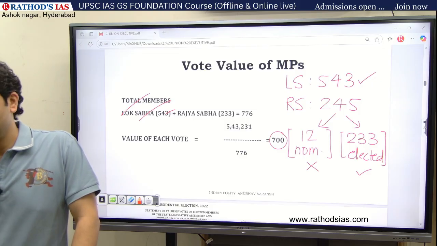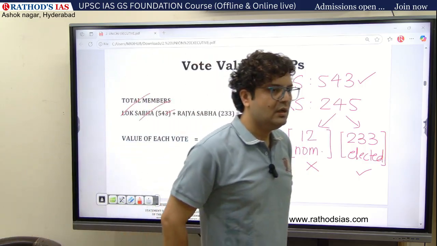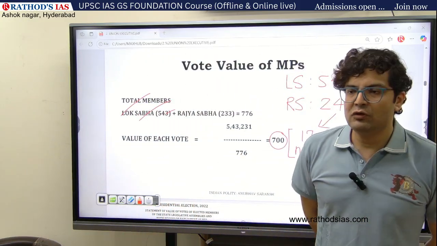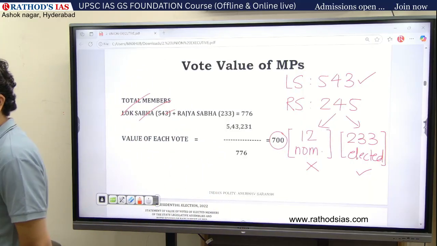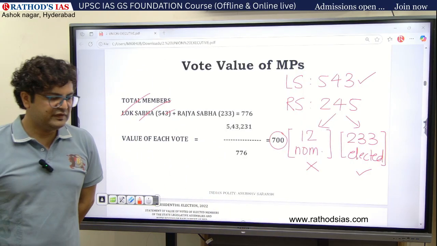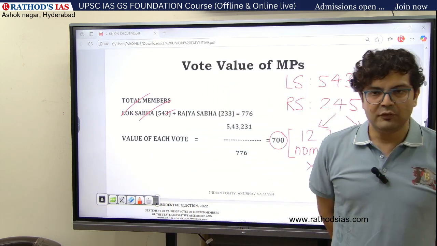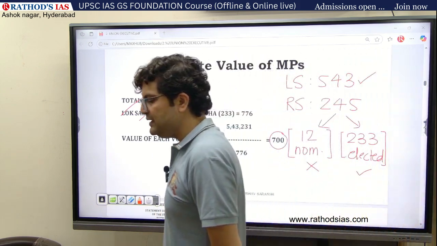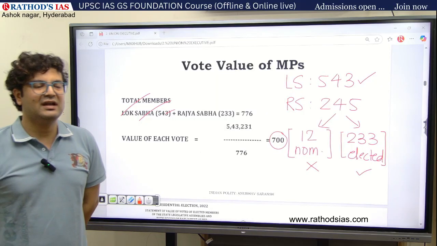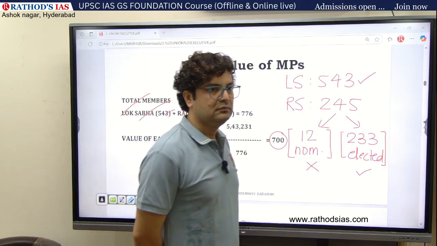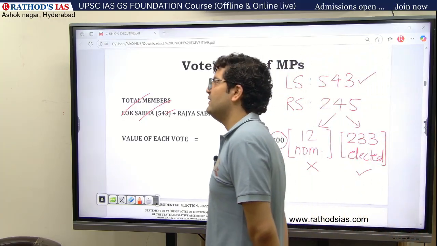Below this formula now, write 2 lines. Change the paragraph. First point: vote value of all MPs is same and fixed at 700.